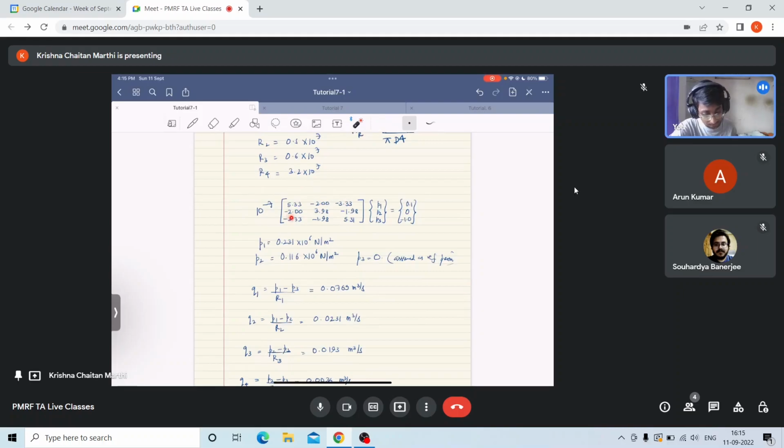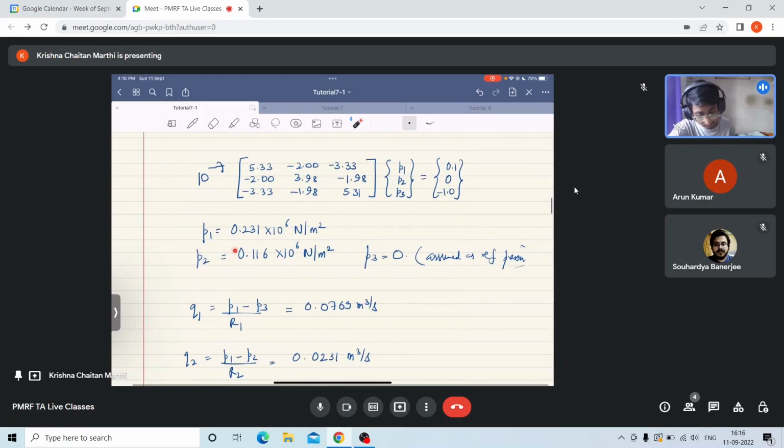Here this term is minus 2.00, 3.98. This is minus 1.98. This is minus 3.33, minus 1.98, and this is 5.31. P1, P2, P3, 0.1, 0, and minus 1.0. If we solve this, we get the values of P1, P2, and P3. P3 is here 0 as it is assumed as reference pressure.